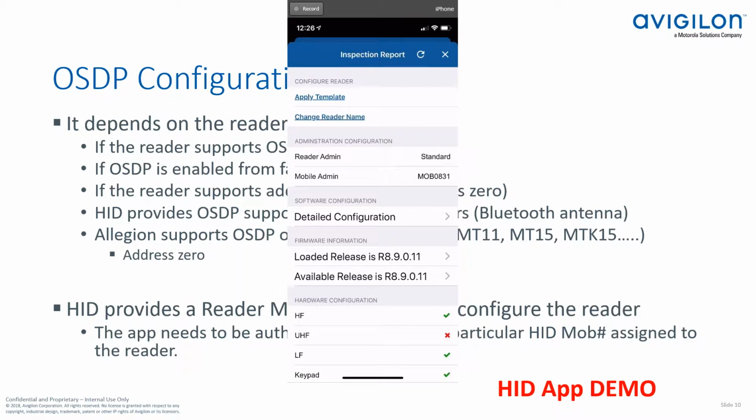Okay, so just be careful with that. I did this reader here. It's an RPK40 from HID. It took about 5 to 6 minutes, and after that the reader was updated, rebooted, and came back and showed me that screen.